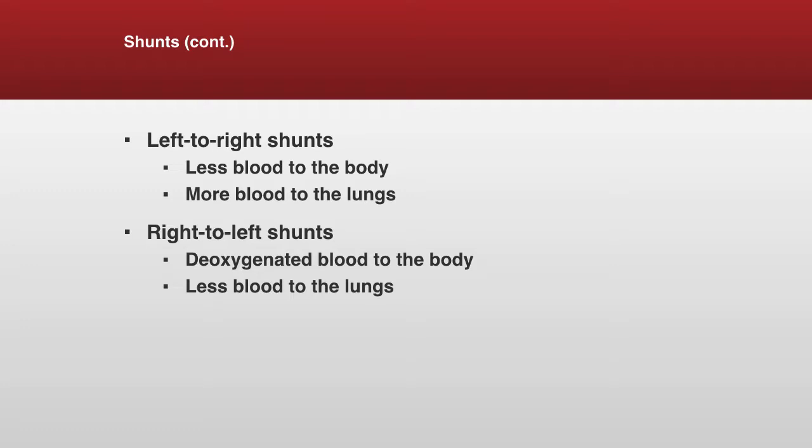With the right to left shunts, you end up with deoxygenated blood going out to the body, and there's less blood going to the lungs. So this deoxygenated blood crosses over these shunts, and then you have what we call a blue baby because the blood hasn't gone to the lungs first to become oxygenated.